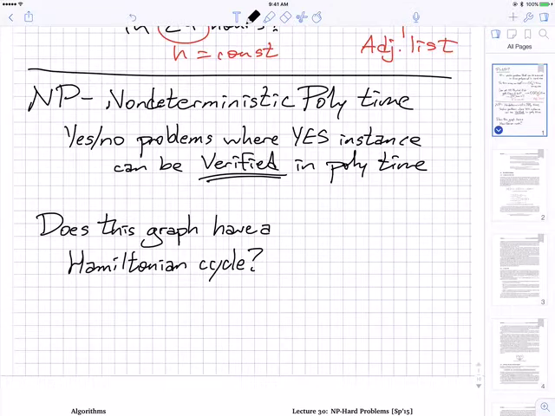And to sanity check me, you'd have to verify that, in fact, every transition that I'm naming is an edge in the original graph that I'm following in the right direction if the graph is directed. And that I start and I end at the right place, and I didn't leave any vertices out. So there's a little bit of sanity check bookkeeping to do. But I can prove to you that a graph has a Hamiltonian cycle in a way that allows you to check that proof quickly.